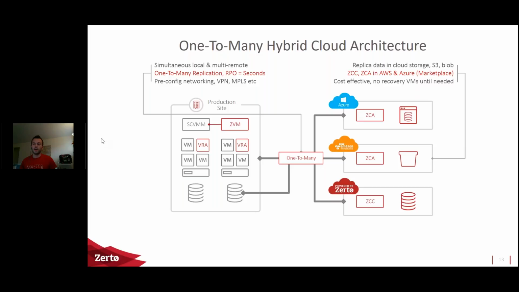Or even easier, if you're using a Zerto cloud service provider, they can give you things like MPLS or VPNs into the private cloud, and they will give you a ZCC, that's a Zerto Cloud Connector. That's very simply just a VM with 2 NICs that allows you to replicate into their secure replication network. And the best thing about a Zerto cloud service provider in this hybrid cloud architecture is that you're getting all the benefits of using the cloud, getting that cheap storage, getting that burst capacity.